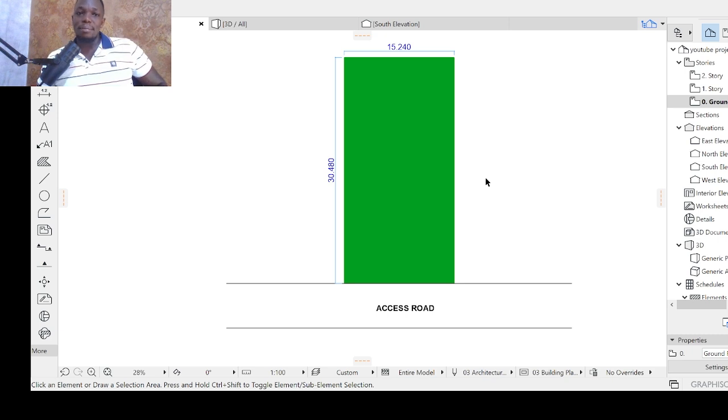In layman's language, it is how much is possible for me to develop in such and such an area. So how much can I construct in relation to the size of the plot? It is the coverage of the building in relation to the size of the land.